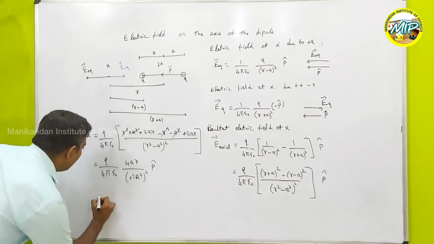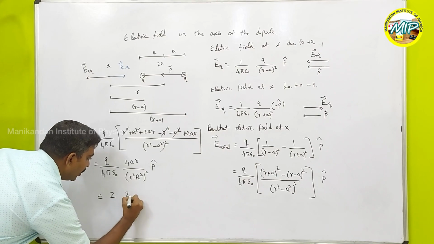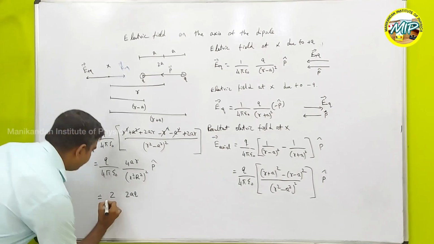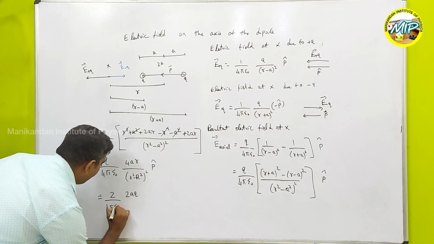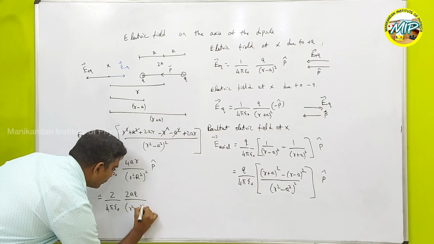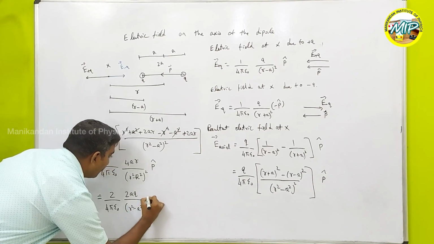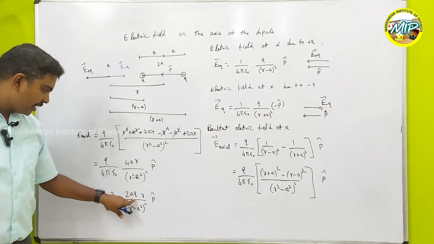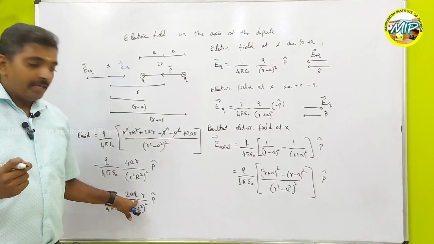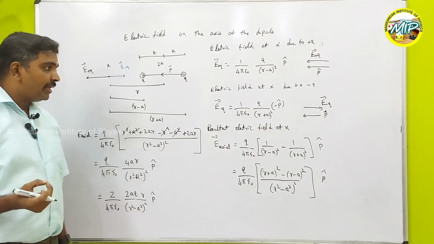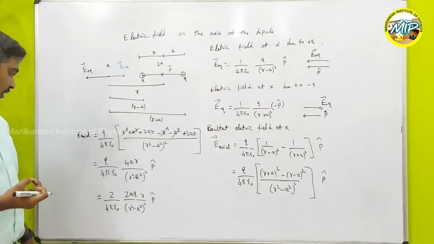Then I can simply write this equation: 2 into 2a into q is nothing but p, over 4 pi epsilon naught (r square minus a square) the whole square, into p cap. So 2aq is called p, the magnitude of the dipole moment, and p into p cap is going to be your p vector.